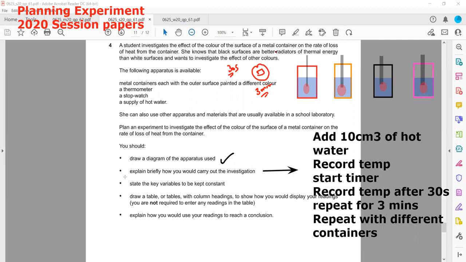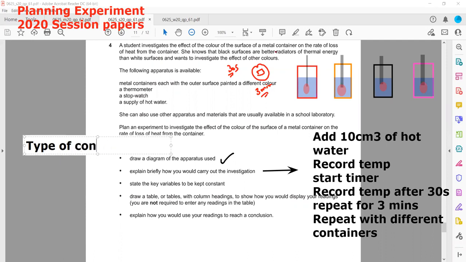Then state key variables. So what are the things we should keep constant for a fair comparison? It can be the type of thermometer, the quality of the container, the shape of the container, the type of the container as well.